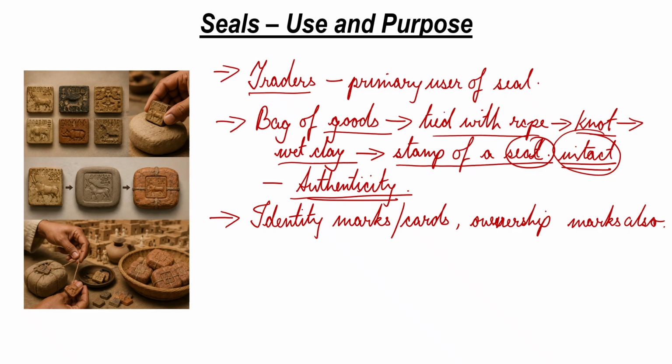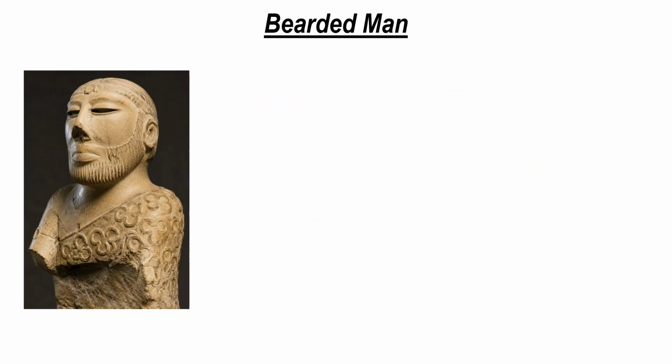Now we will see some of the other sources, beginning with the sculpture, the most famous sculpture, that is the bearded man. So it is, as you can see in this picture, a man with a beard, and it was found in Mohenjo Daro. So Mohenjo-daro had this culture of a bearded man, and people believe that it was statue of some kind of a scholar.